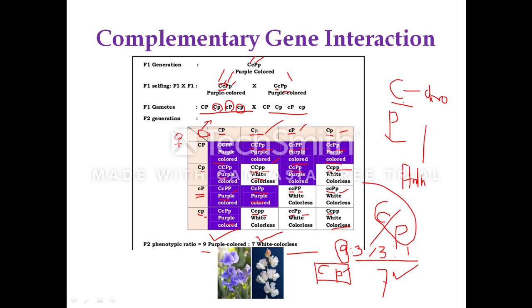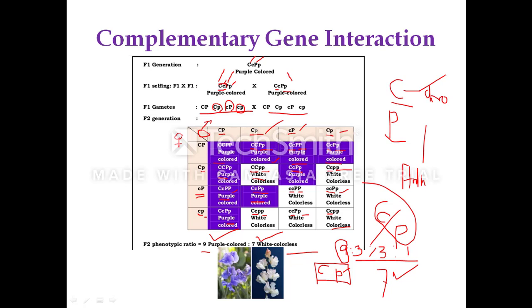Anthocyanin is produced due to the presence of both the chromogen and the enzyme. Absence of any one of the dominant factors throws out the formation of the anthocyanin pigment. If there is no C, the chromogen is not there for the enzyme to act, and hence white flower.